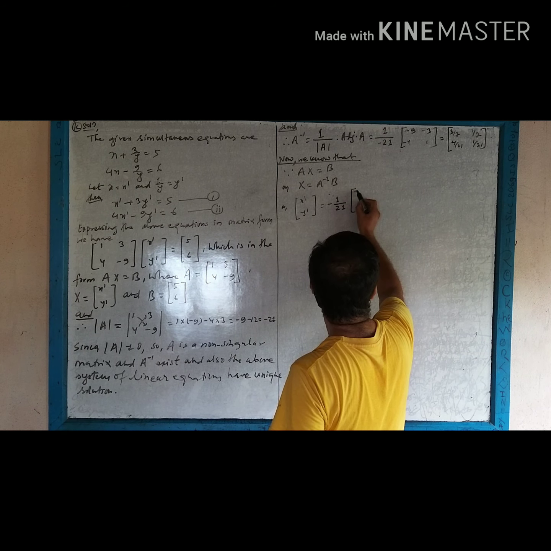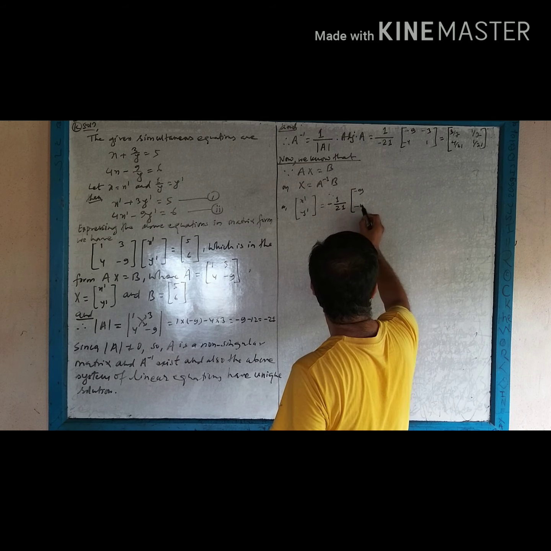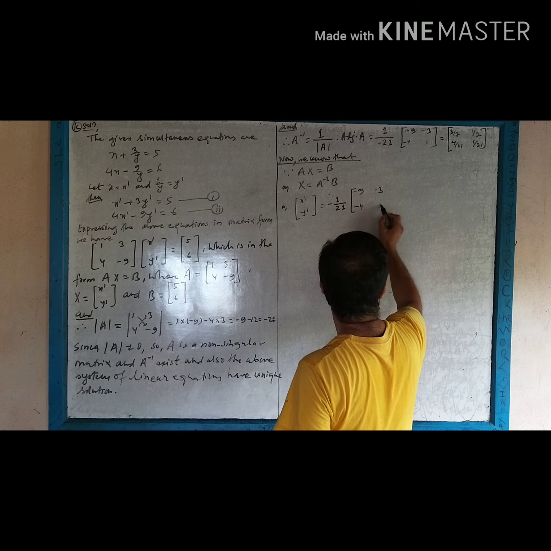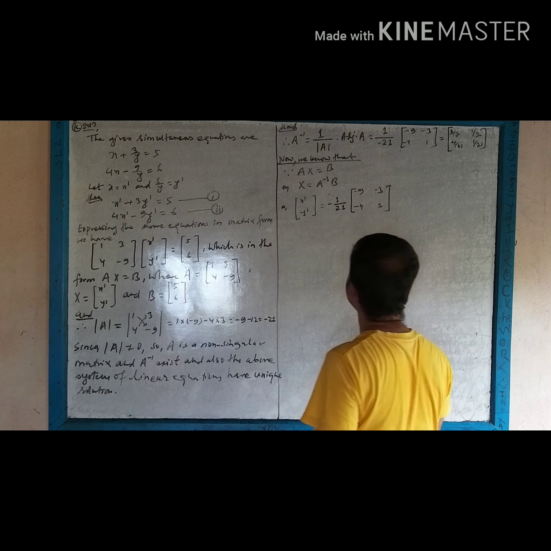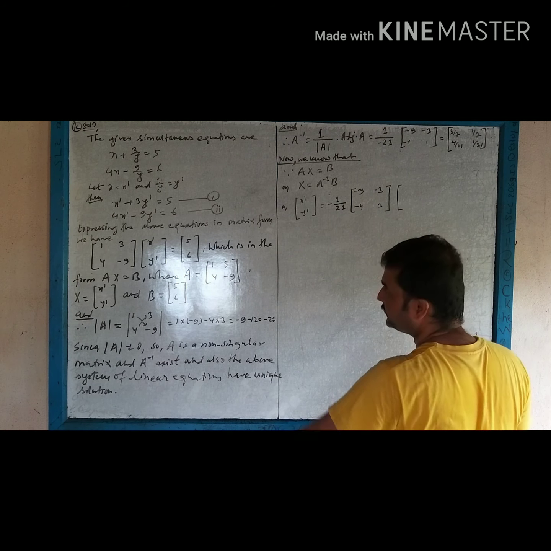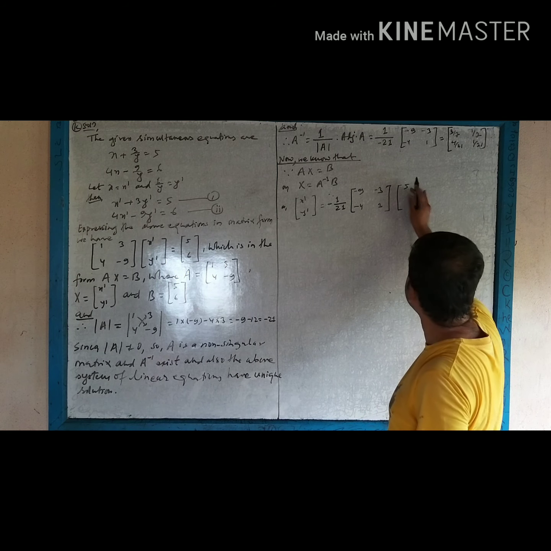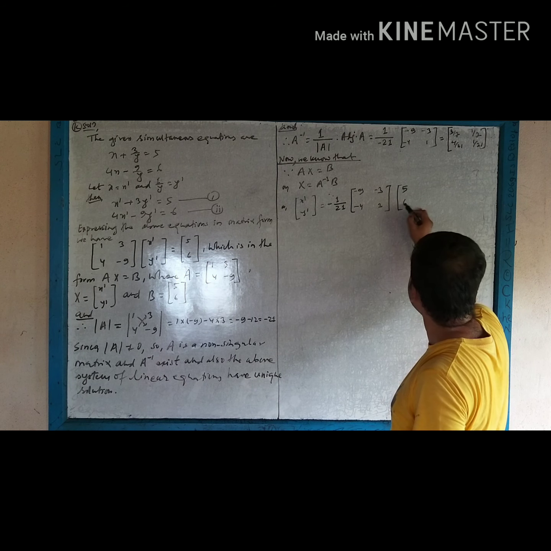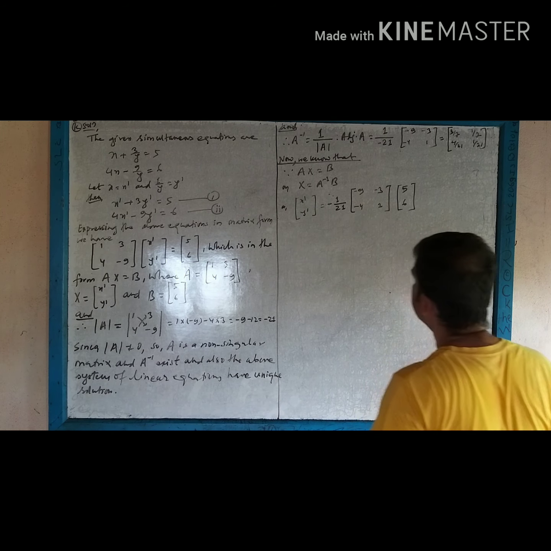What is the matrix? Minus 9, minus 4, minus 3 and 1. Okay. What is B? Matrix B is 5, 6. Let's multiply this and check.